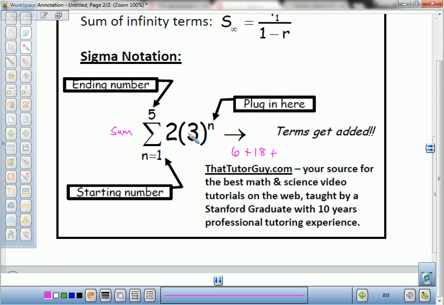If I plug in 3, I get 2 times 27, also known as 54. If I plug in 4, I get 2 times 81, 162. If I plug in 5, I get 2 times 243, 486. Okay, and then I could add those up.